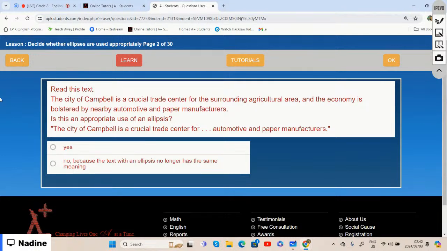All right, so we need to choose whether it is used appropriately, or to say that the ellipsis changes the meaning. It says, the city of Campbell is a crucial trade center for automotive and paper manufacturers.